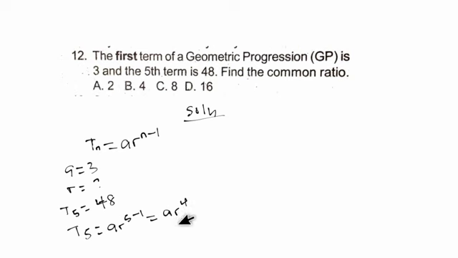So this becomes a r to the power of 4. This is the formula for the fifth term of the GP, and they say the fifth term is equal to 48, and our a, the first term, is given as 3, while r is the common ratio we want to find. So let's substitute it.